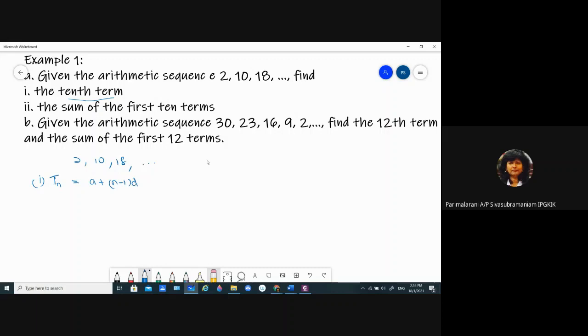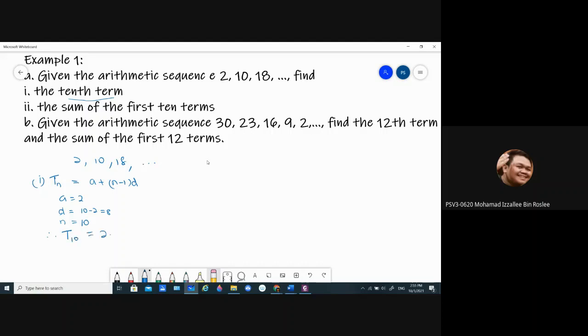Do we know our a? Yes. Do we know what d is? a is equal to 2. d is 10 minus 2, which is 8. Do we know n? Yes, n is 10. So we are looking for T10.